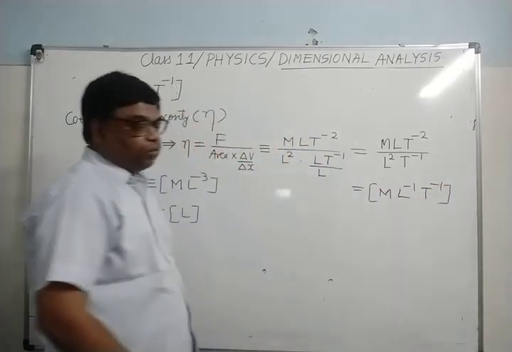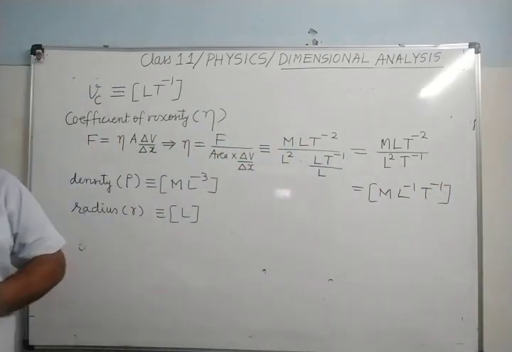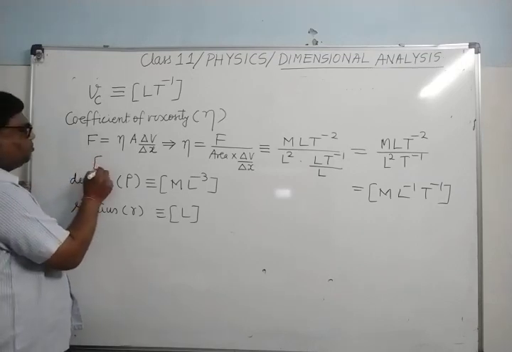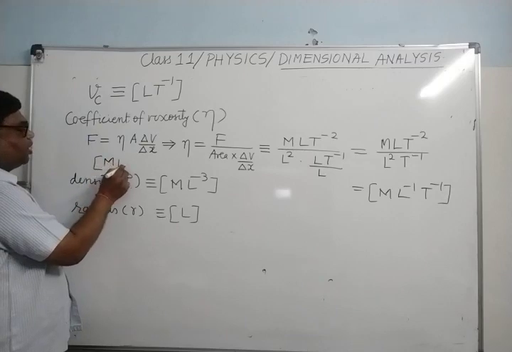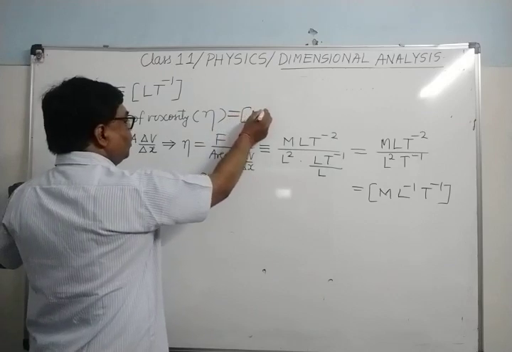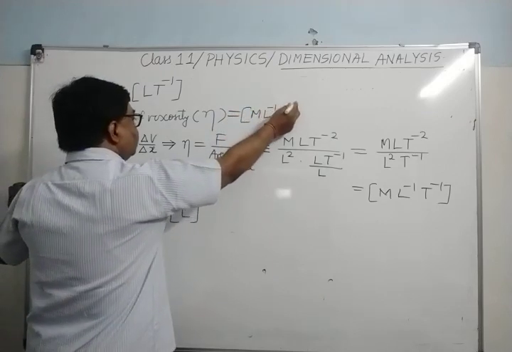So this is the formula of the viscosity. It is clear? ML minus 1 T minus 1.